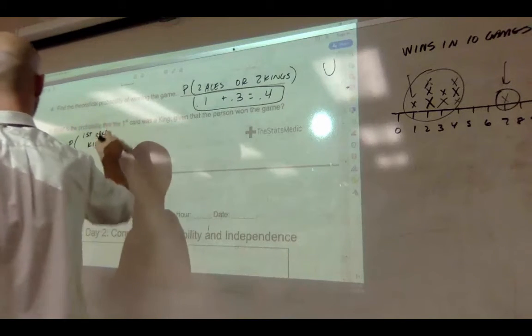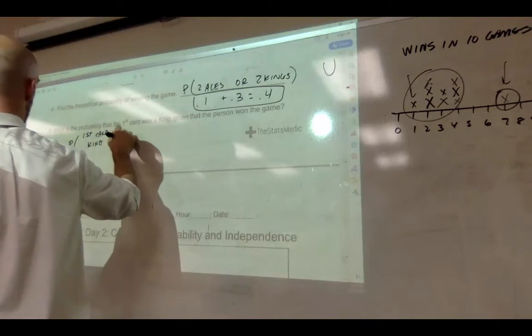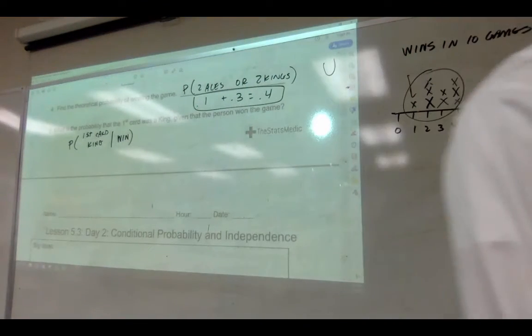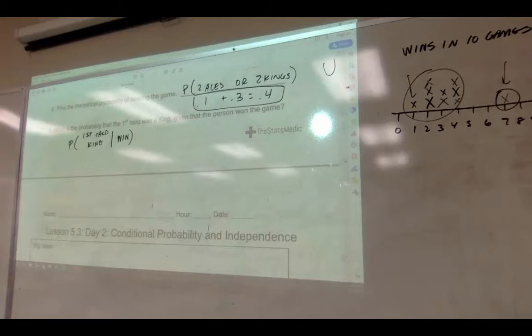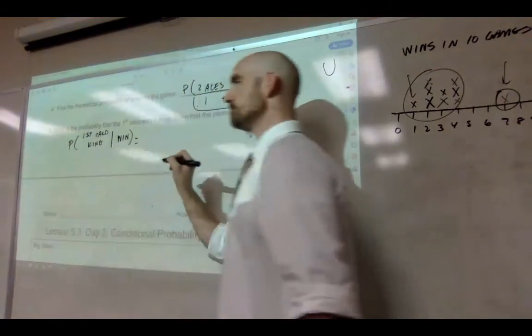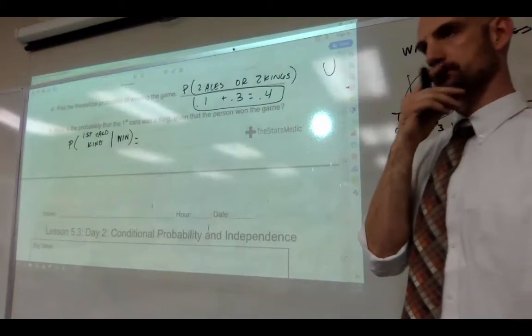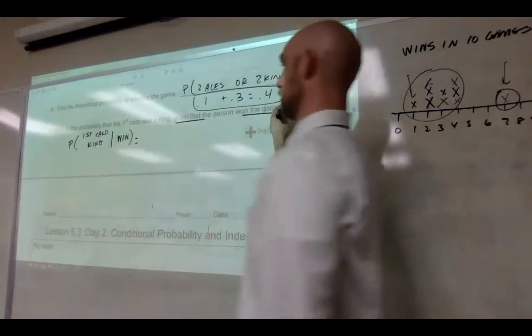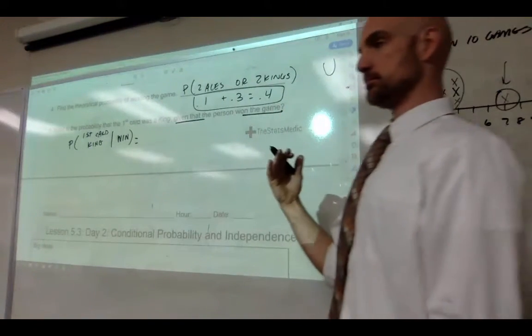Then what? What does this mean? How do we make this into numbers? Doesn't the 0.4 have to be on the bottom? Given that the person won, so that's going to be the bottom.